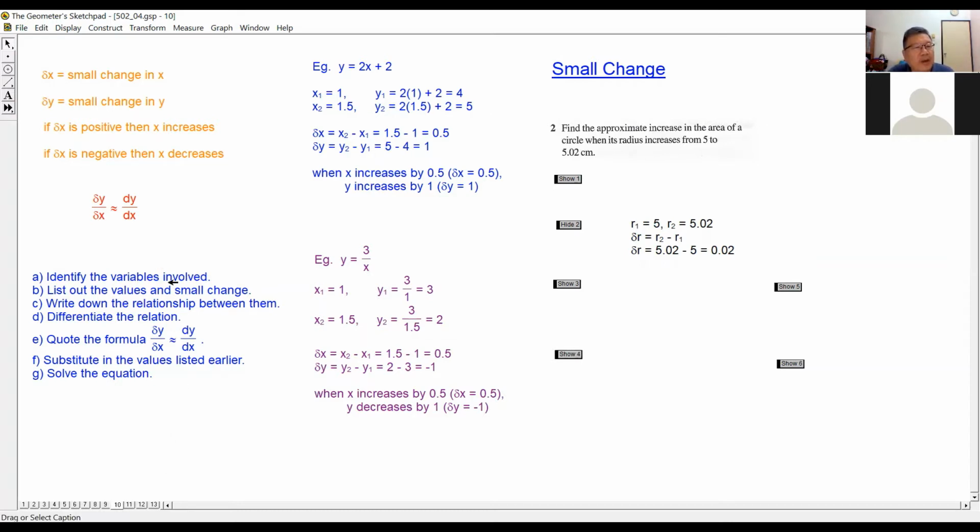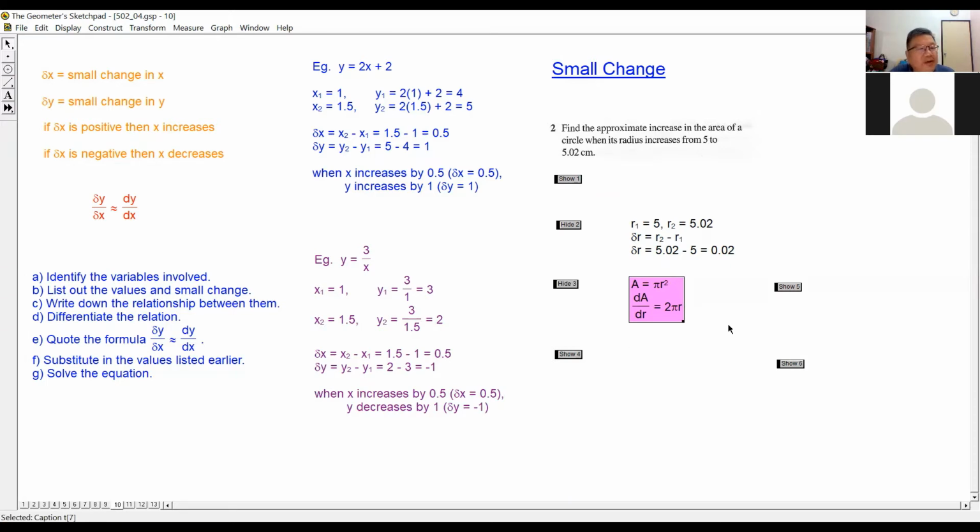Just now you told me what the variables are: area and radius. So what is the next step here? List out the value and small change, which is already written there. So the next step is to find out the relationship.